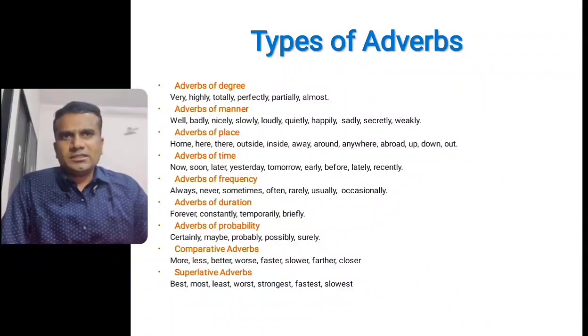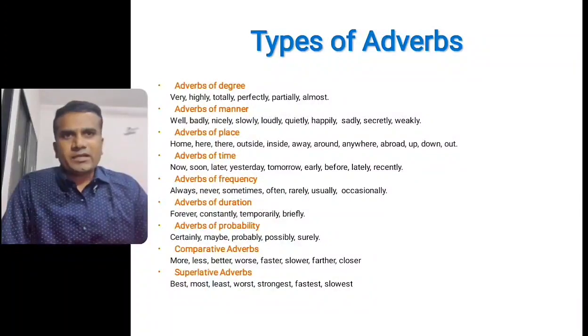On the screen you can see the types of adverbs. Second type of adverb is adverbs of manner. You can see the examples: well, badly, nicely, etc. Then we have adverbs of place. Here some examples of adverbs of place are home, here, there, outside, etc.